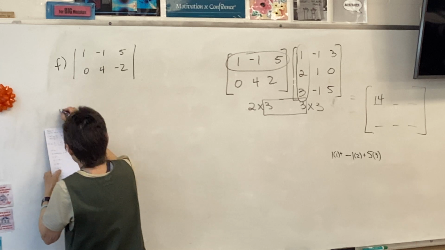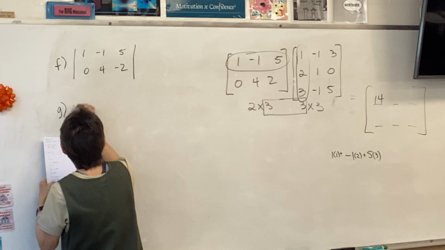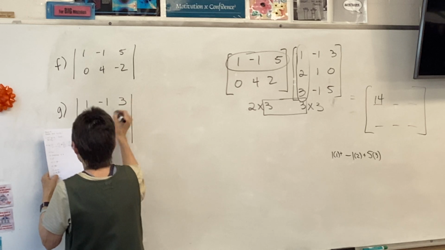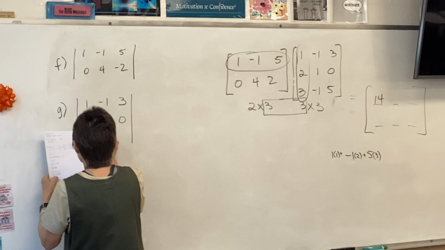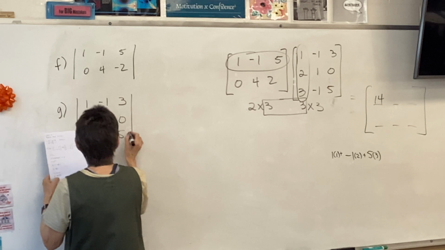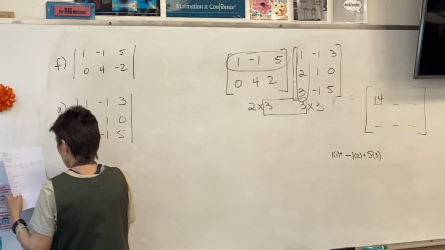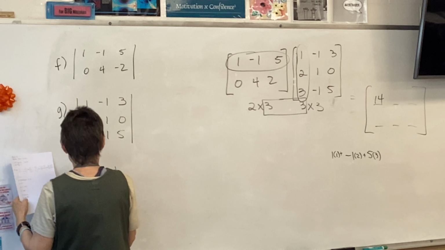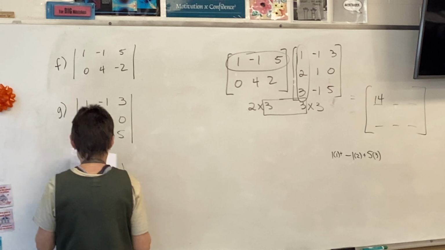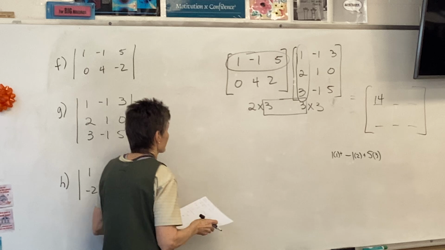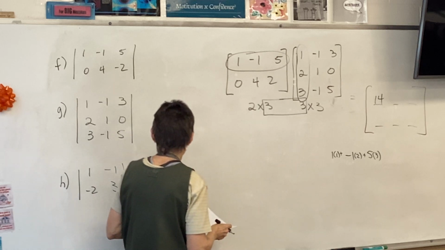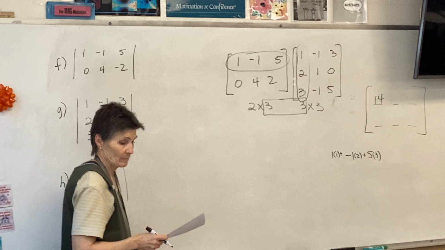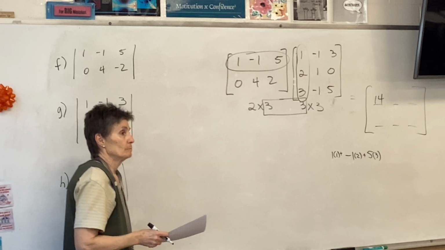Should be 3 zeros. What'd you get for minus 1? 28. You're right, 28. 22 and 10 is what? I haven't done the bottom.